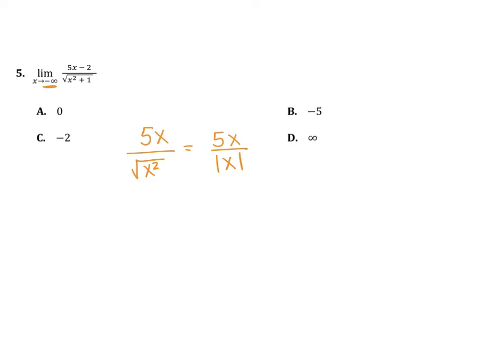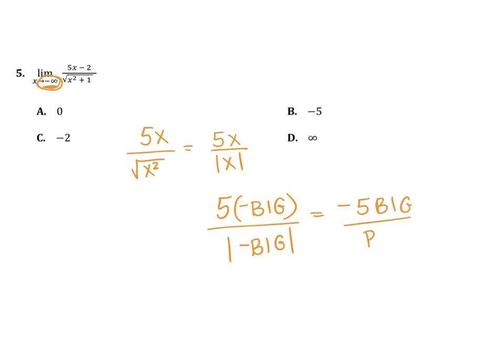And now looking at this, we do still have our power struggle, but x is approaching negative infinity. So notice that we're going to have 5 times a negative big over the absolute value of negative big. And so here we're going to have a negative 5 times big over just a positive big. And notice this is tending toward negative 5.